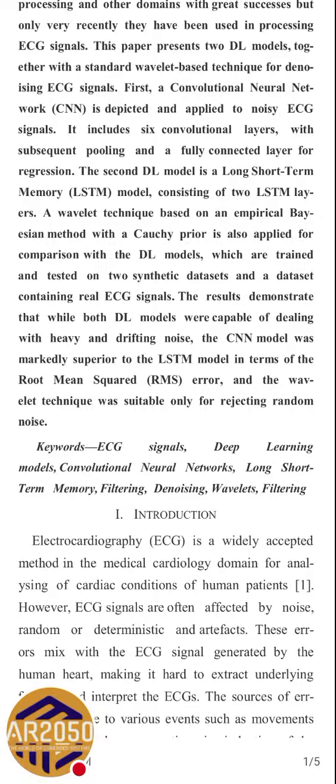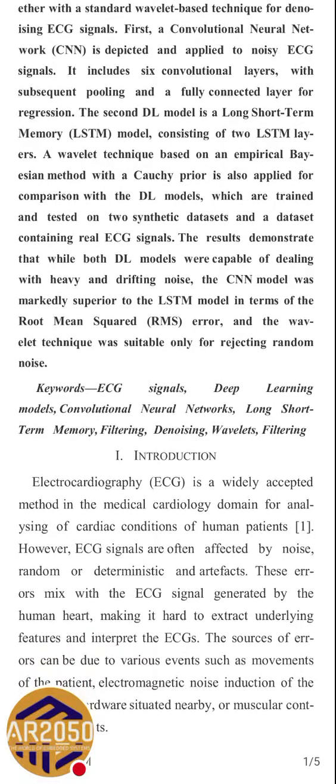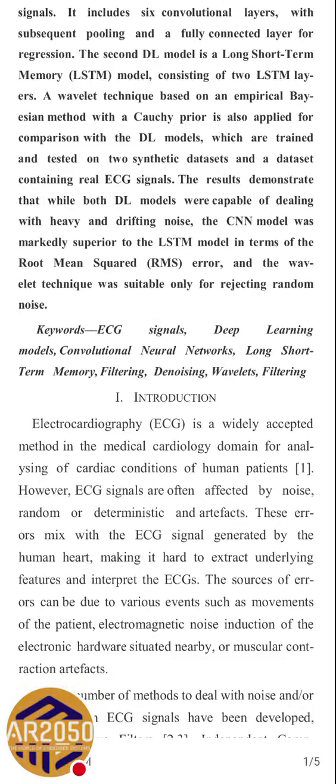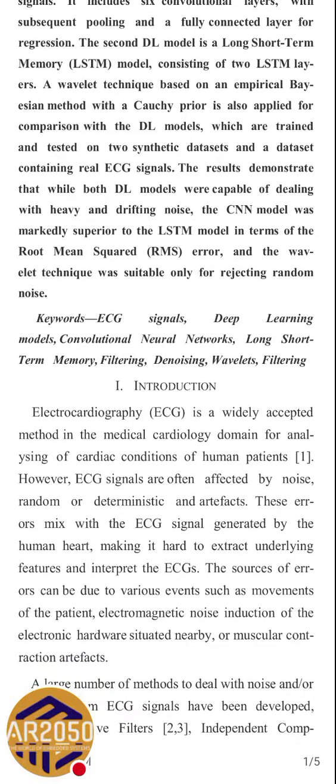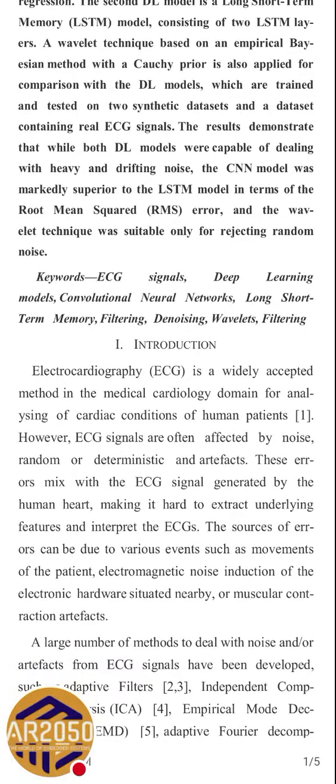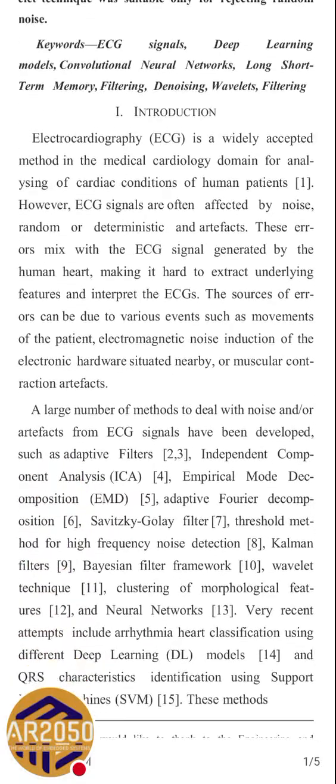They trained and tested on two synthetic datasets and a dataset containing real ECG signals. The result demonstrated that while both DL models were capable of dealing with heavy and drifting noise, the CNN model was markedly superior to the LSTM model in terms of root mean square error, and the wavelet techniques were suitable for rejecting random noise. So that's what they suggest.